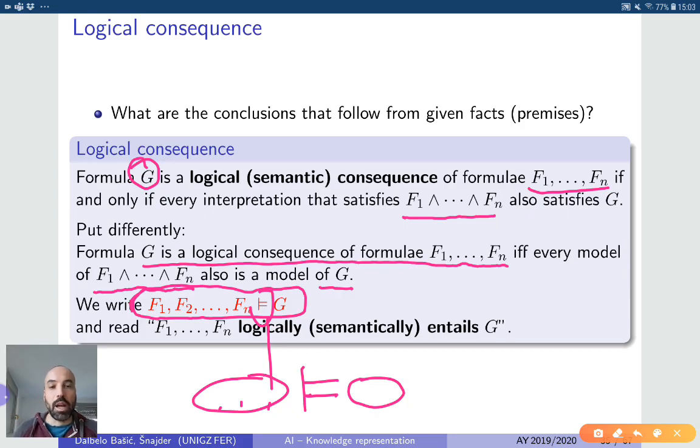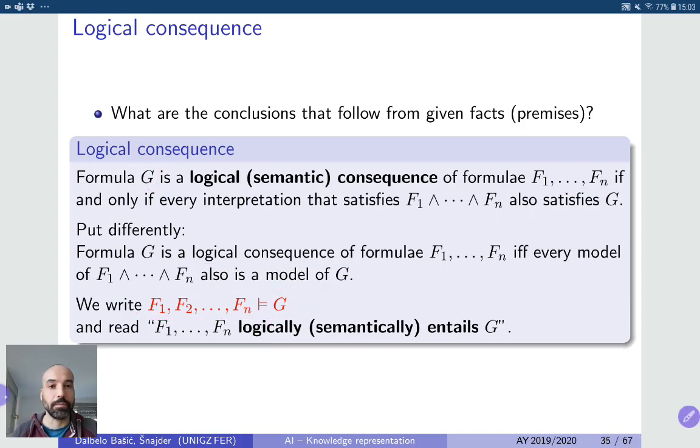Okay, and the way I'm going to read this is: f1, f2 through fn logically or semantically entails formula G, or G is semantically entailed from formulas f1 through fn. Okay, so that's the formal definition.